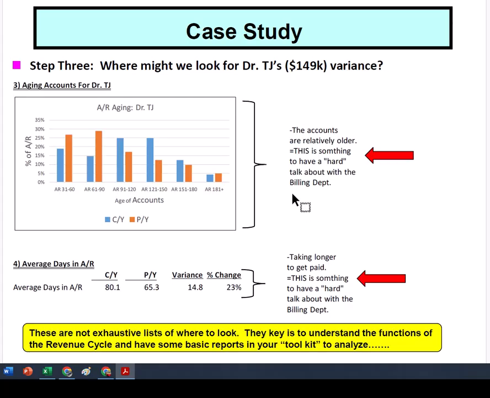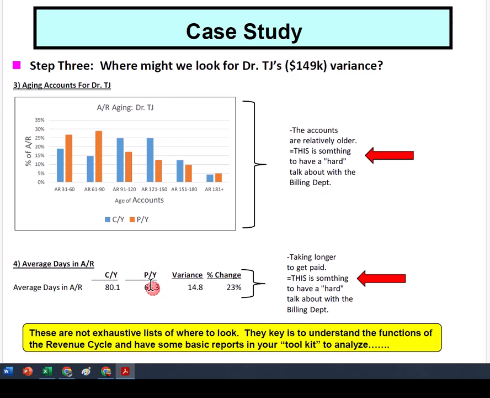Okay, now let's look at the aging accounts. The accounts are relatively older, so you see these bars in the older accounts. I can start talking to billing about this if I want to quantify that in a nice, neat number.